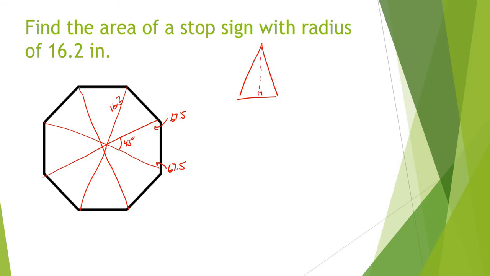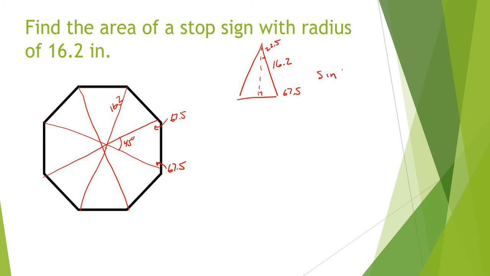Again, I like to draw the triangle off to the side so that I know what I'm looking at. The radius, which is one of these sides, is 16.2. Half of 45 is 22.5 up here, 67.5 down here. I need to find both the apothem and the base.